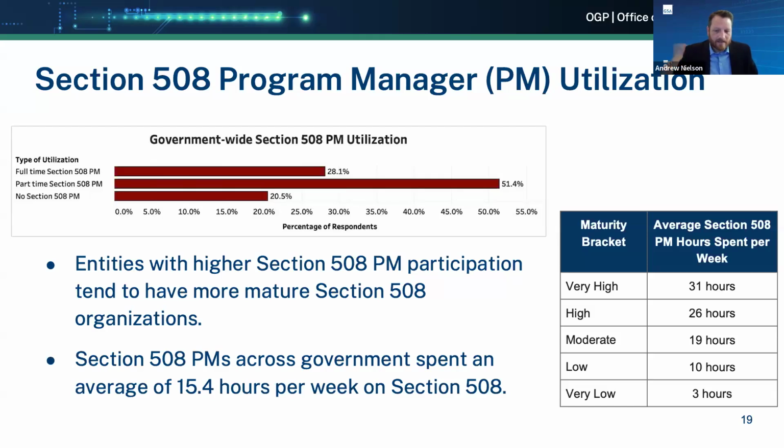We asked agencies to report first of all whether or not they have a Section 508 program manager identified or assigned, but we also asked about their engagement, how much time they're spending on Section 508 related activities. Not all Section 508 program managers spend all of their time doing Section 508 or accessibility related things. For many, it's a part-time job or an ancillary duty. So we wanted more information about how much time Section 508 program managers are spending focused on accessibility.